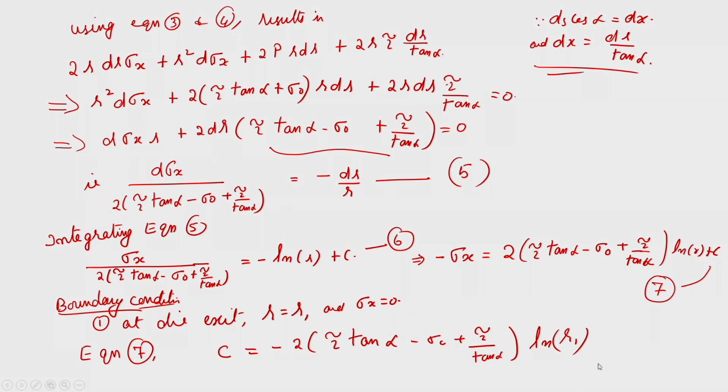Okay. So this value, and you apply the second boundary condition, that is at the die entrance, R is equal to R 0, that is the billet radius, and the extrusion load, because that is the load or extrusion pressure which we have to apply, sigma x 0.